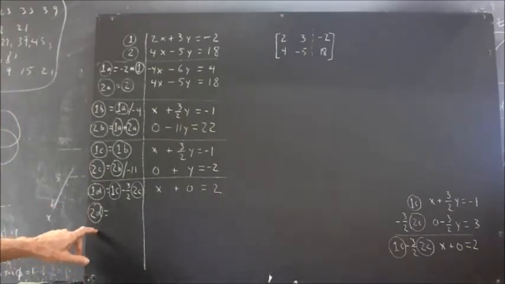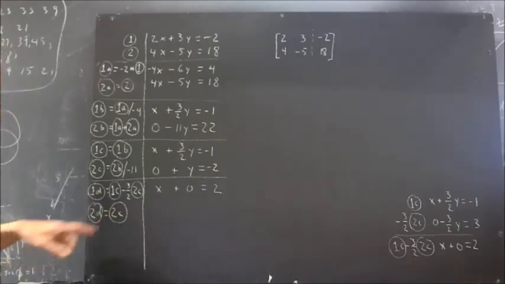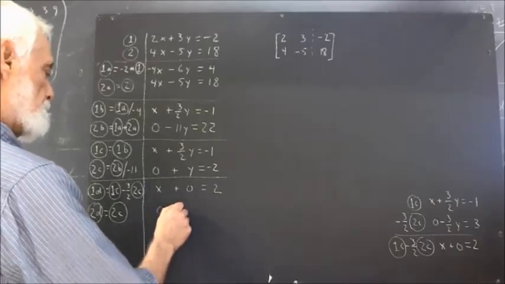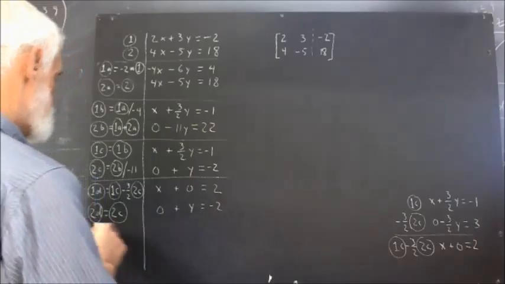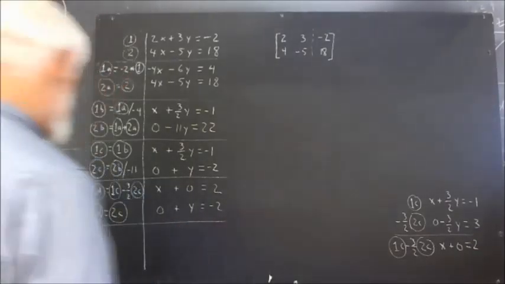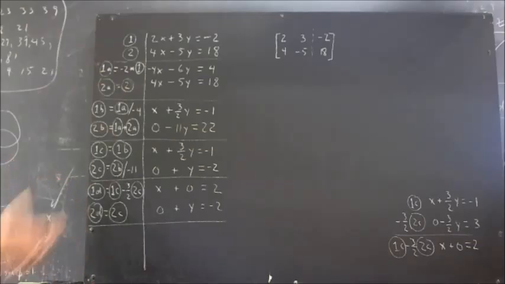My 2d equation is just my 2c equation, so we would have noted that. You probably already have because I've asked you to several times. But it's going to be equal to 2c, and we're going to have 0 plus y equals negative 2. And now, what do we see? We have our solution.